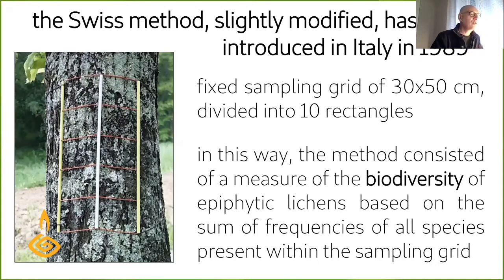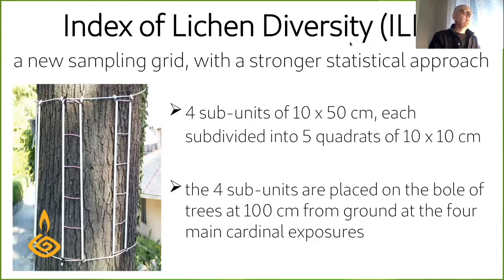And then at the end, you had to sum up the frequencies for all the species found, and that is the index of biodiversity, in this case, of lichens. So the name has been changed to index of lichen diversity, which is stronger, let's say, in this way.